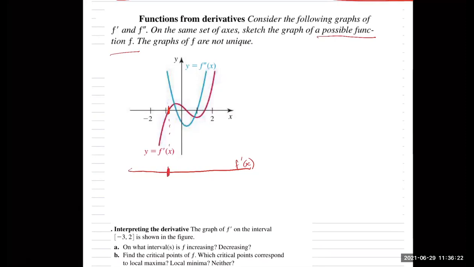So right here, that's a critical point. I'm going to call it C1 because that's the first critical point. Everywhere that the first derivative is 0, do you see what I'm doing? Let me know if not. I'm marking those critical numbers on a number line.